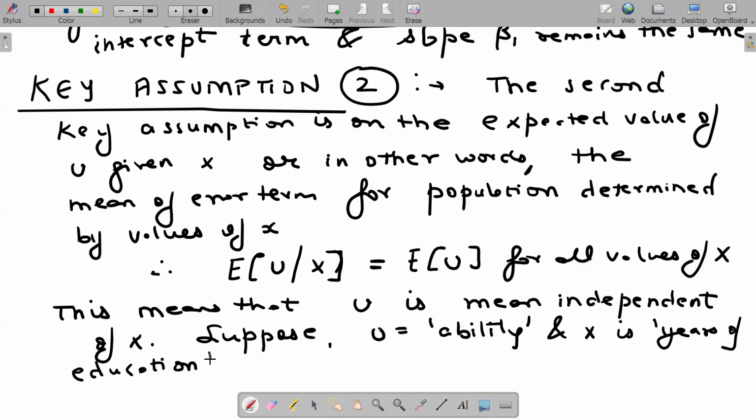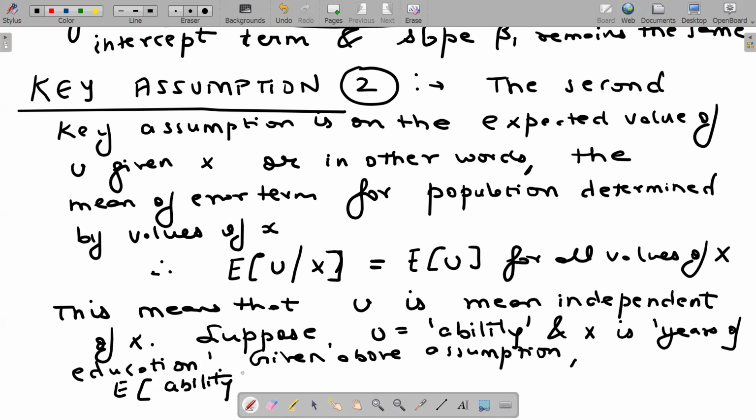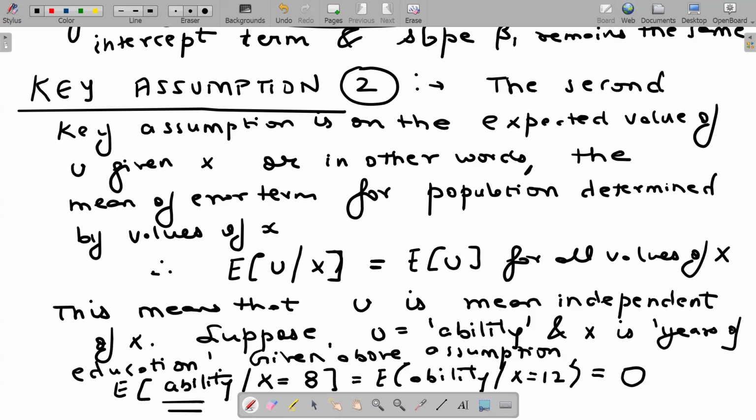So given the above assumption, expected value of ability for a student in 8th standard is equal to expected value of ability for a student in 12th standard. It means your ability is not affected by which standard you are in.